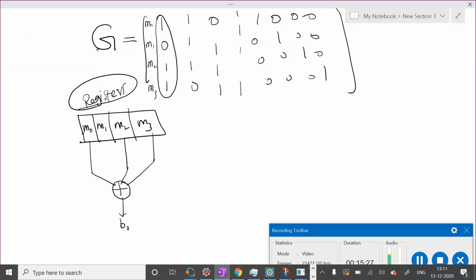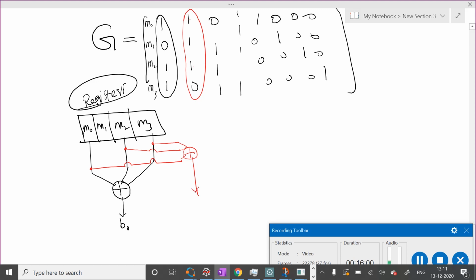Let me use a different color for the second bit. For the second bit, you have to take M0, M1, M2. So let me take it. I can take it like this. And XOR it.